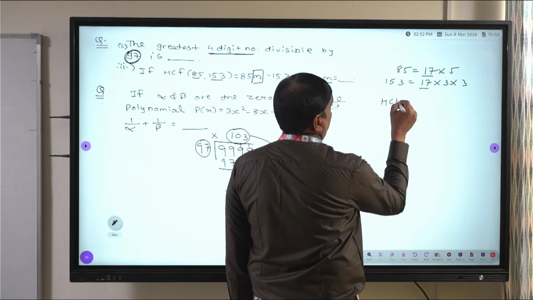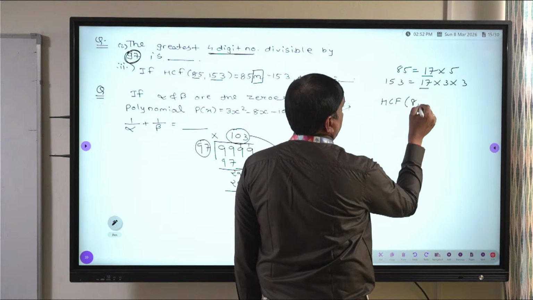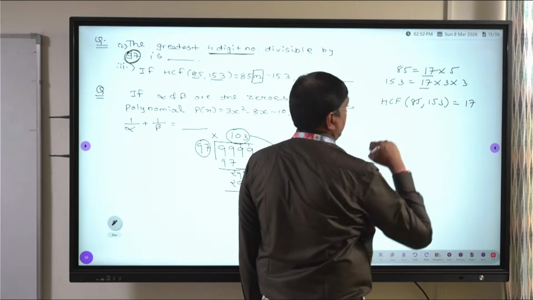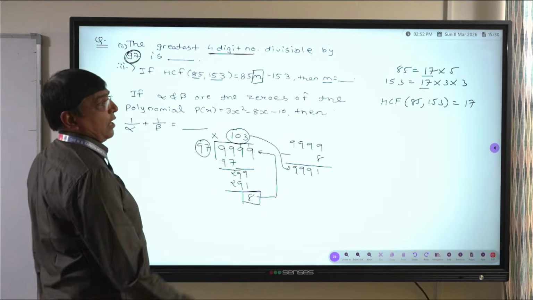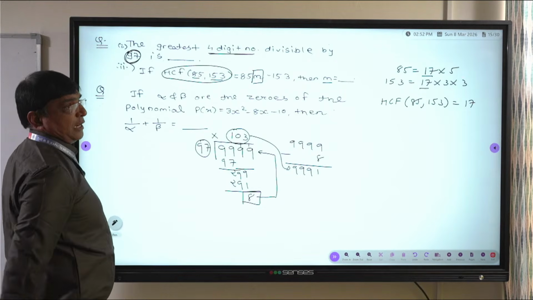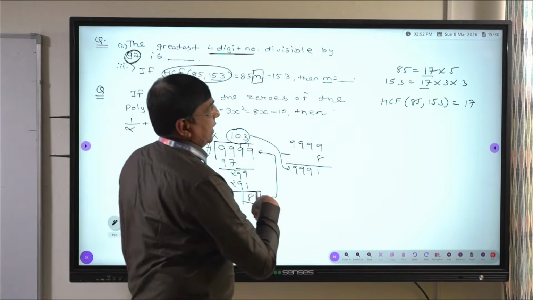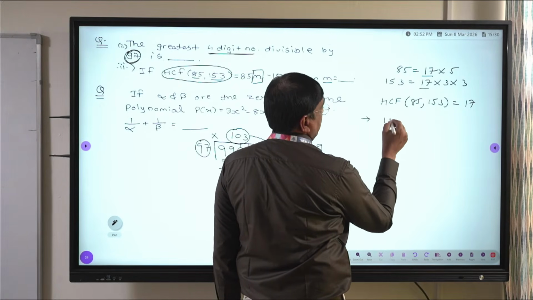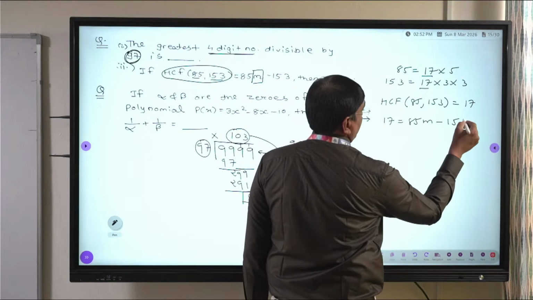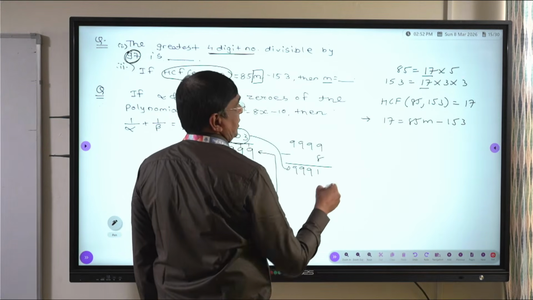So HCF of 85 and 153 is 17. That value, 17, substitute in the left hand side. So what we get? 17 equals 85m minus 153.